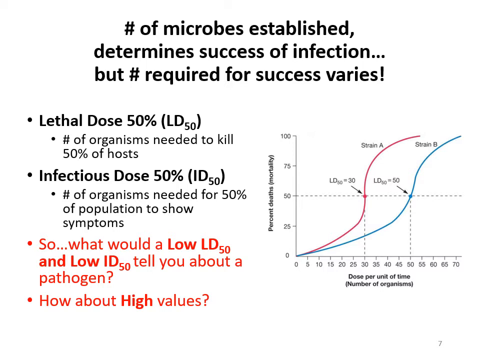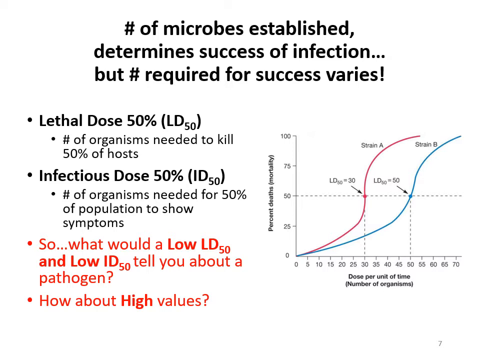So for instance, if for a particular bacteria, let's say we just mentioned syphilis, we were told that syphilis has a low LD50 and a low ID50, what would that tell you about the syphilis pathogen? Well, if it's a low LD50 and low ID50, that means it only takes a couple of this bacteria, picture one or two of this bacteria, and boom, half the people die.